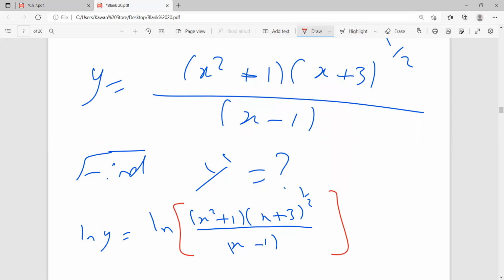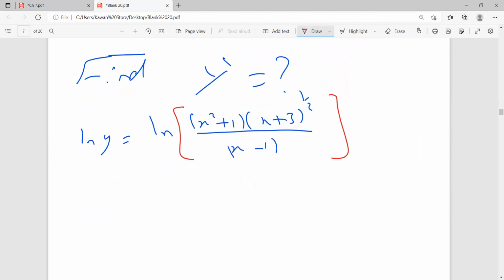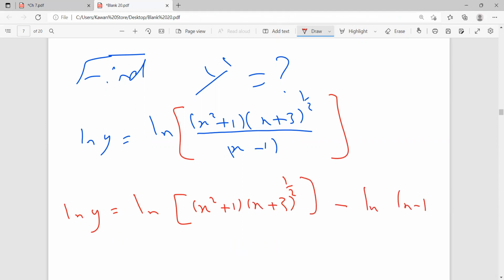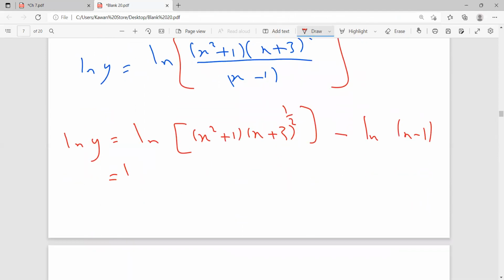Understood? Okay. So now I'm going to use the properties of ln. I'm going to write it like that. Tell me if you don't know how. You see, if you have a fraction, A over B is ln A minus ln B. Am I right? Okay. How about multiplication, what is it going to be?